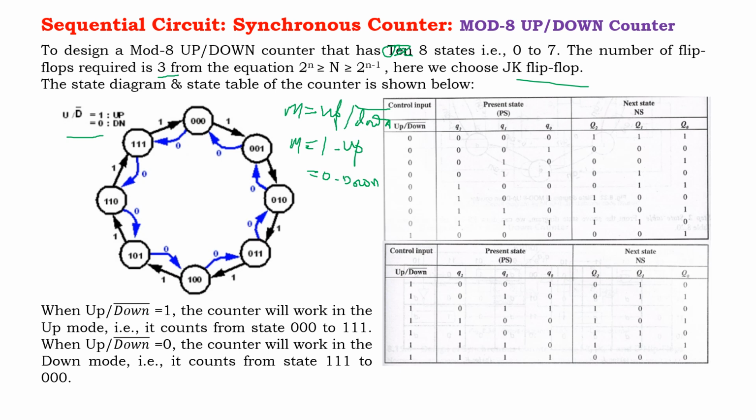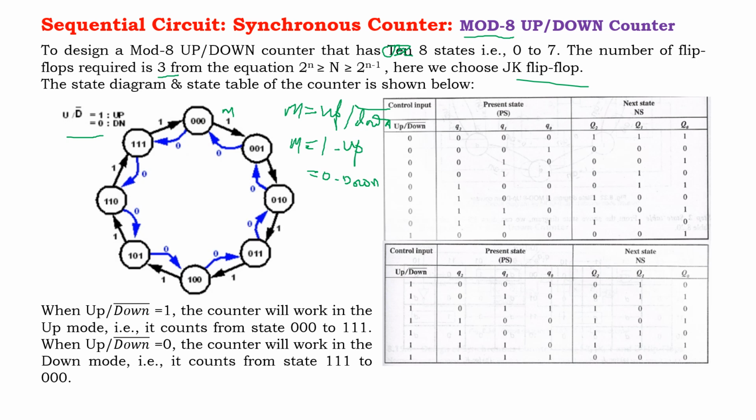So if M is equal to 1, then it will go 0 to 1, 1 to 2, 2 to 3, 3 to 4, 4 to 5, 5 to 6, 6 to 7, and then 7 to again 0 due to the mod 8.